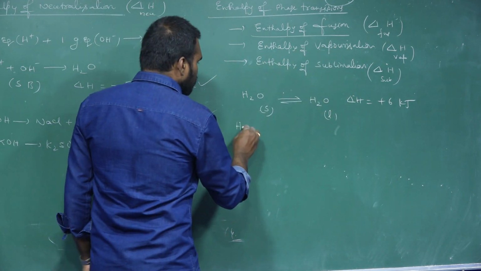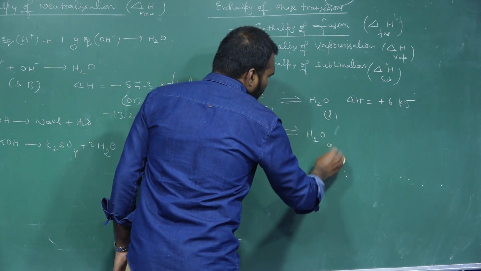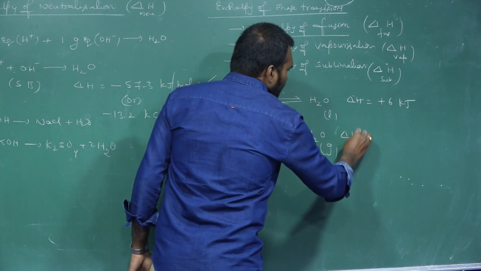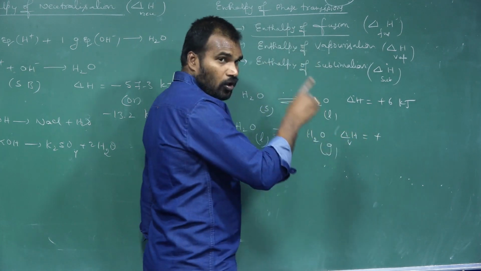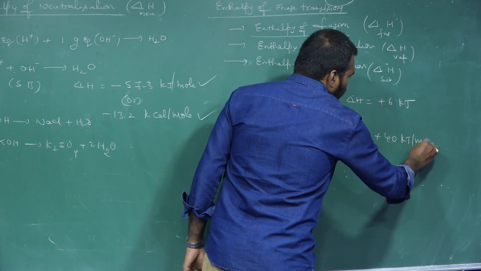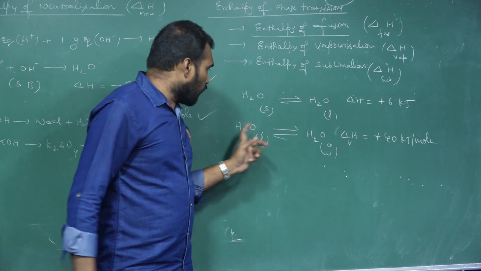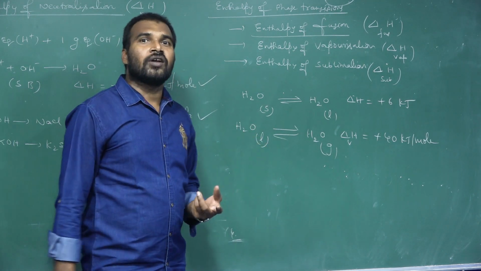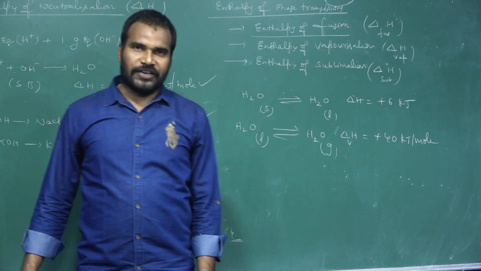So here, H2O liquid converts into H2O gas, and del H is plus, always endothermic, nearly 40 kilojoule per mole. So to vaporize 1 mole of liquid water, we need 40 kilojoule of energy.